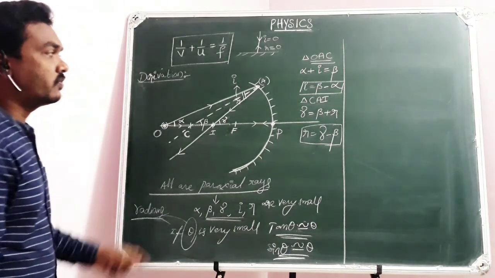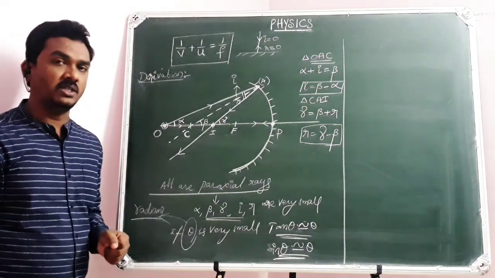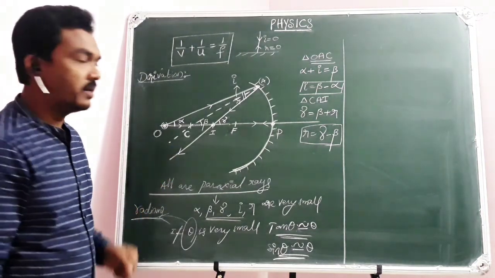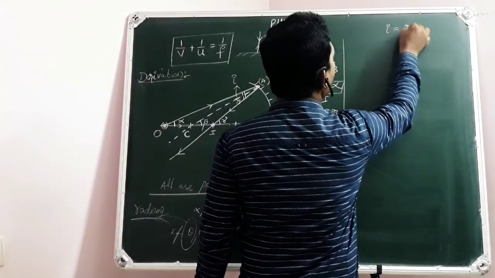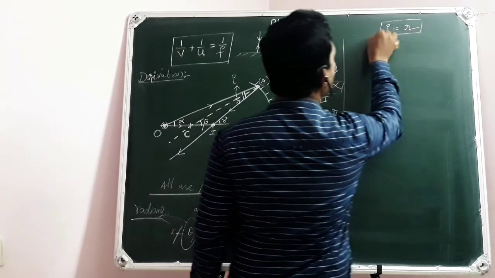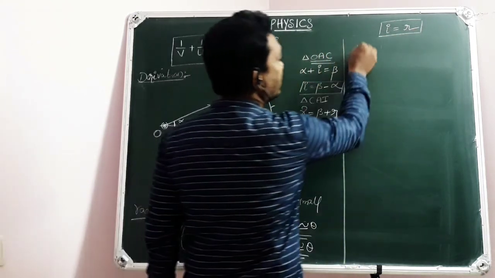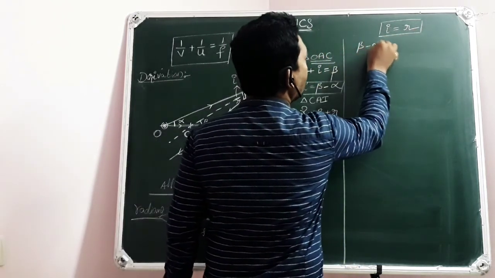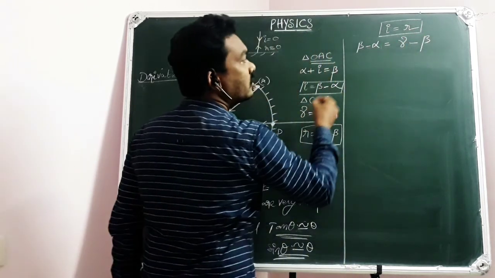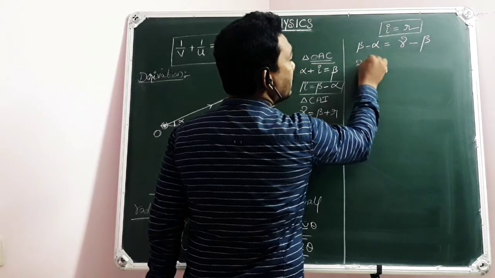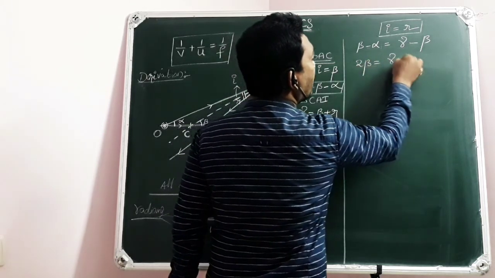So I have got equations for angle of incidence and angle of reflection in terms of alpha, beta, gamma. Now you know that angle of incidence equal to angle of reflection. So beta minus alpha is equal to gamma minus beta, so that 2 beta equal to gamma plus alpha.